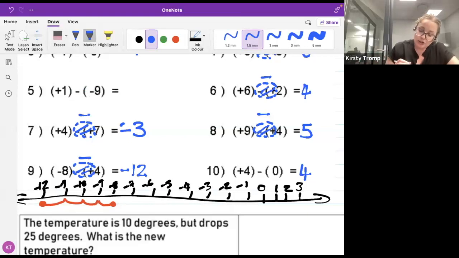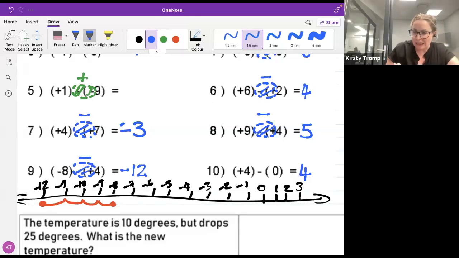Okay, let's have a look. So we see two negatives next to each other. What's the first step when we see two signs next to each other? We draw a circle, hey? Yes, ma'am. Okay, when we see a circle and we see two negative signs next to each other, what are the negative signs going to become? Positive. Good. They're going to become a positive. So I've got 1 plus 9.